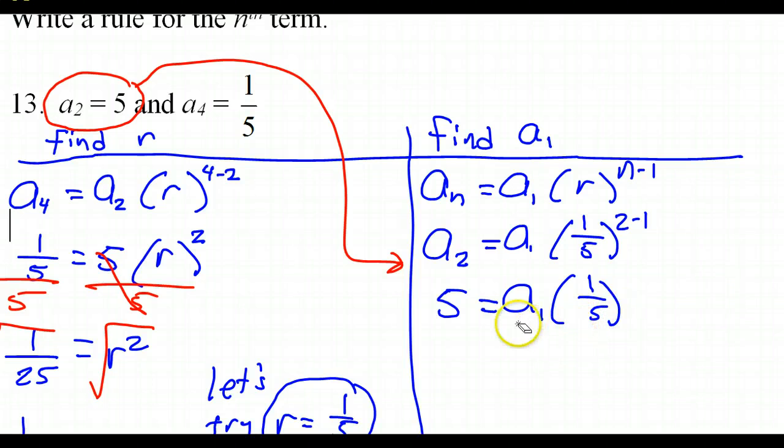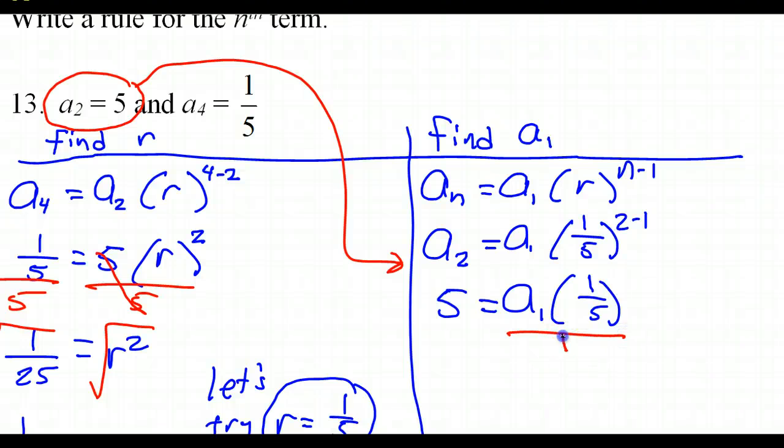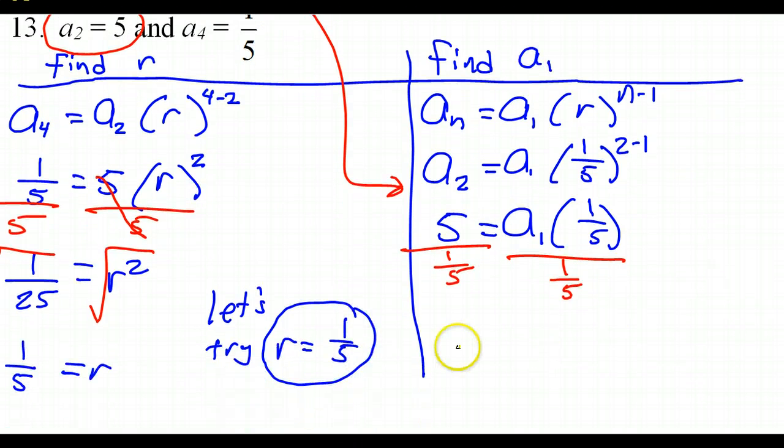Now, I need to get a1 by itself because I'm trying to find a1. So the easiest thing to do is just to divide both sides by 1/5, like this. And see what we get. Alright, now I know that 5 divided by 1/5 is 25.